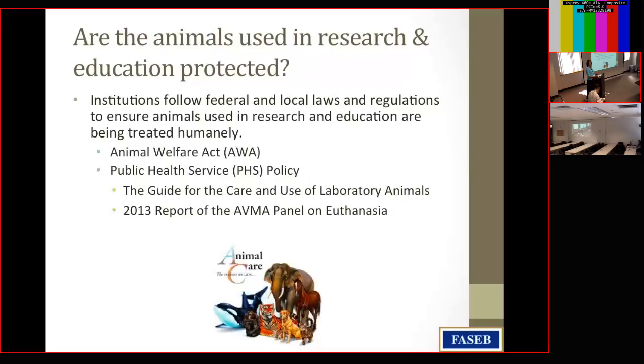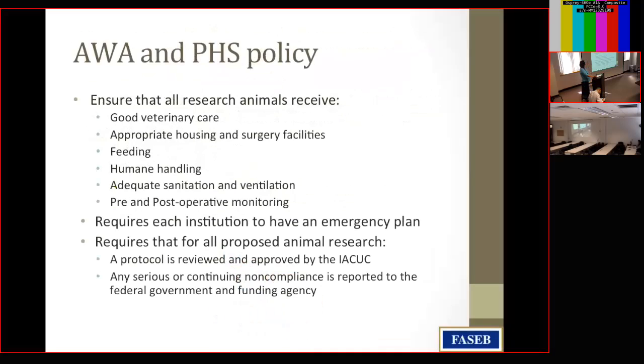Both the Animal Welfare Act and the PHS policy are broken down into sections, and they describe the requirements for adequate veterinary care, appropriate housing, feeding, handling, sanitation, ventilation, as well as monitoring of the animals. Each institution is also required to have a documented emergency plan.